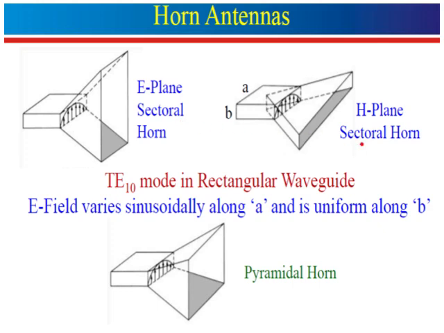Similarly, in the H-plane, we make the deviation in the horizontal direction, and the pyramidal horn has deviation in both the vertical and the horizontal directions. The dominant mode in this rectangular waveguide will be the TE10 mode.